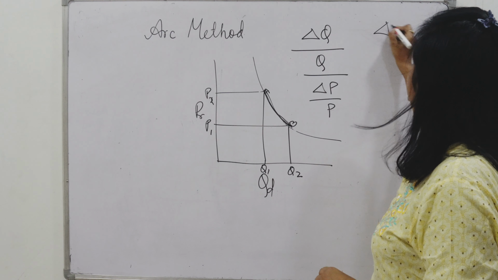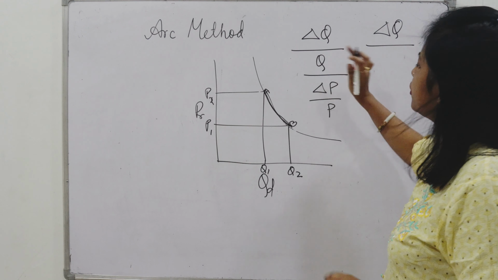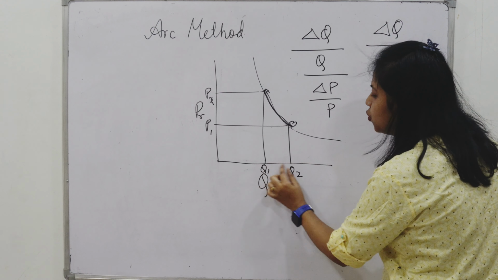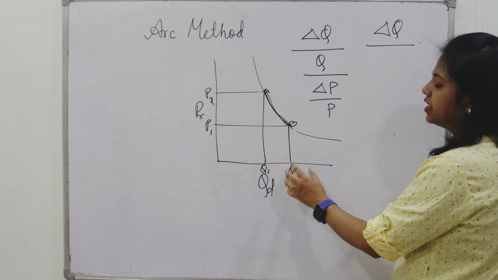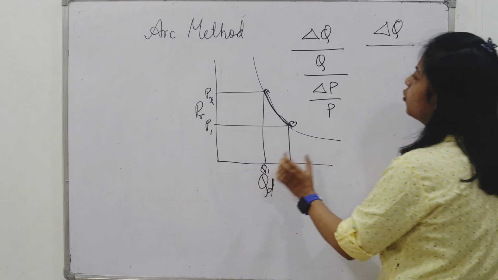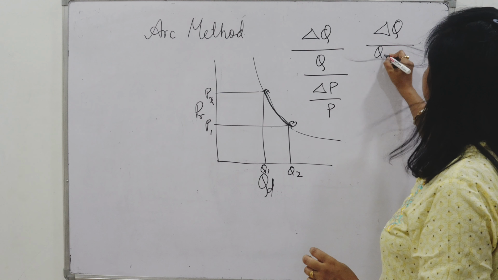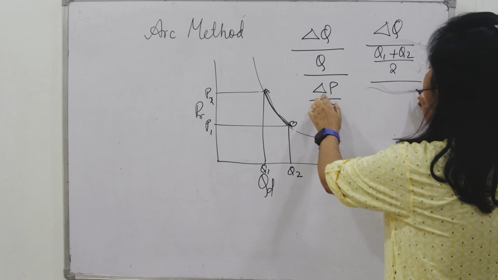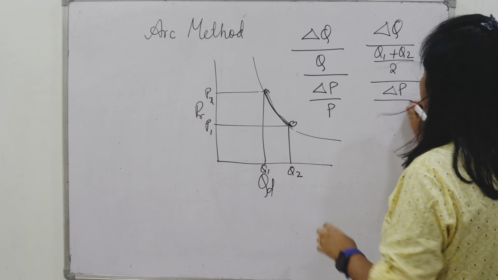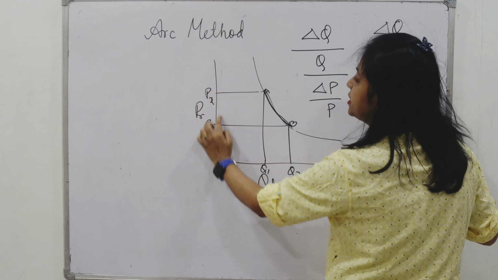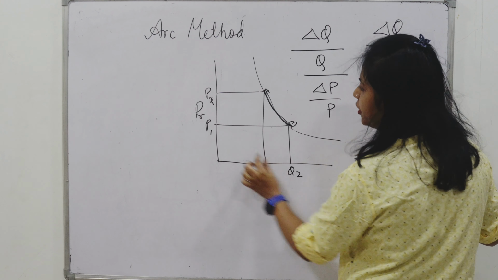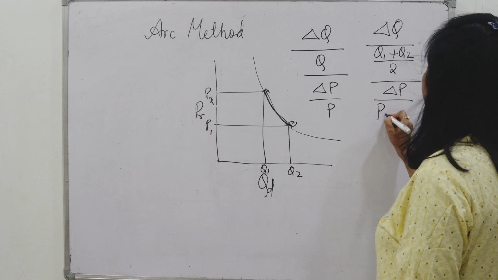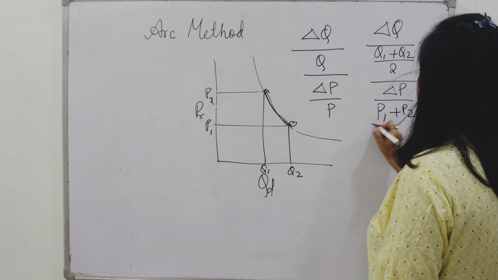We will write change in quantity divided by original quantity. Instead of original quantity, we take the sum of the two quantities and divide by 2. That means we take the average of the quantities: (Q1 plus Q2) divided by 2. Similarly, change in price divided by not the original price but the midpoint, so here also we are taking the midpoint between the two prices: (P1 plus P2) divided by 2.